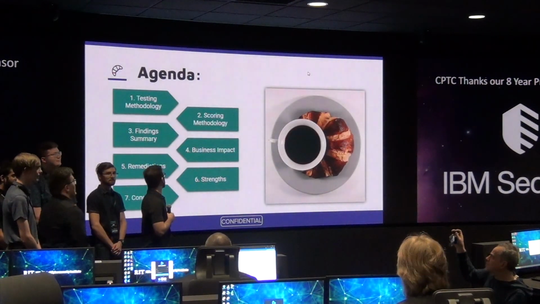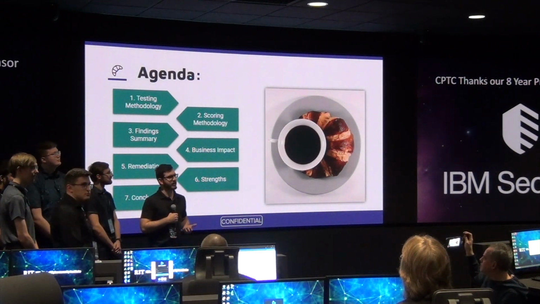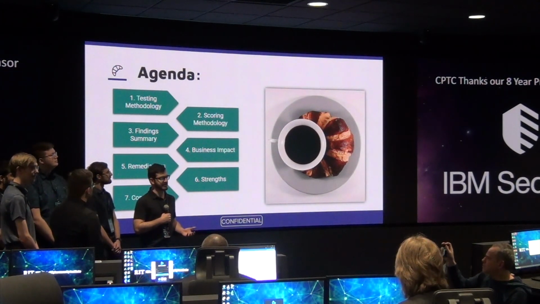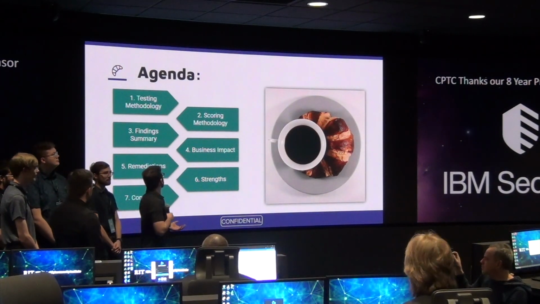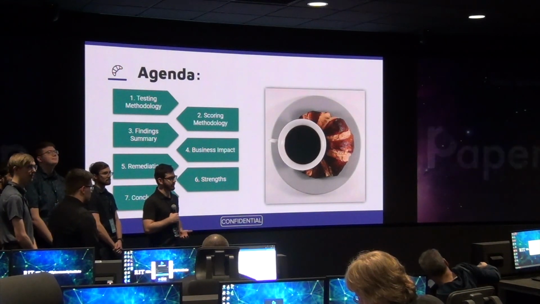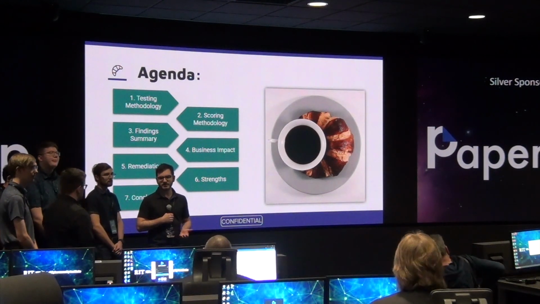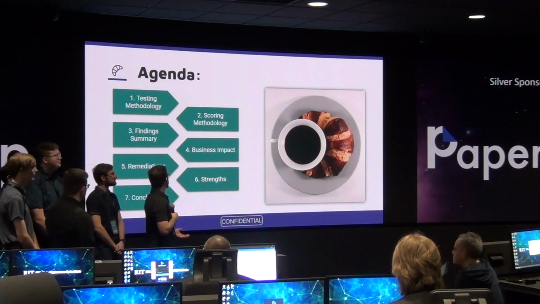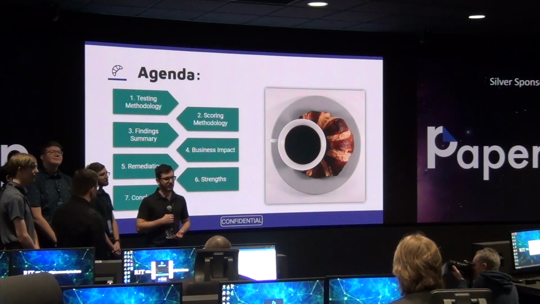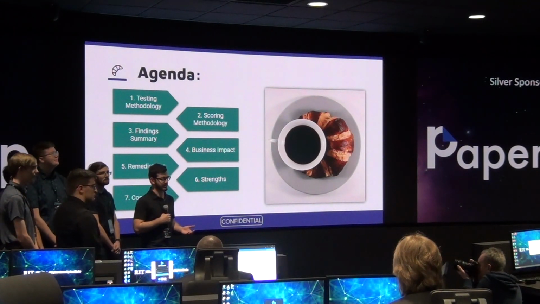So today we'll be addressing the testing methodology that we used for both of our penetration test reports in order to have a complete and thorough understanding of the strengths and weaknesses of TCC. Then we'll go over our scoring methodology that we utilize to categorize our findings, to provide a complete understanding of the vulnerability and business impacts of our findings. We'll then go over the finding summary for our most recent penetration test, with the inclusion of the remediations of our previous penetration tests.